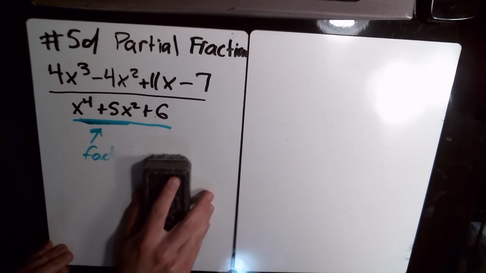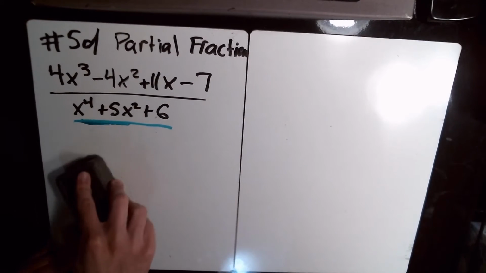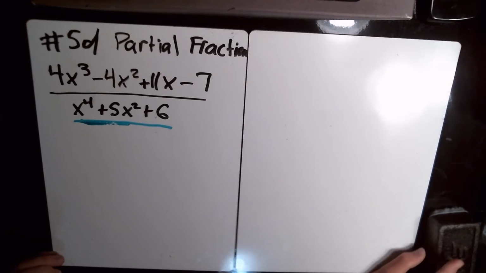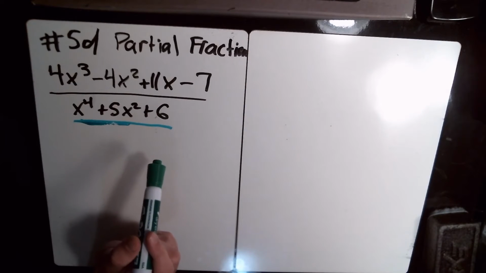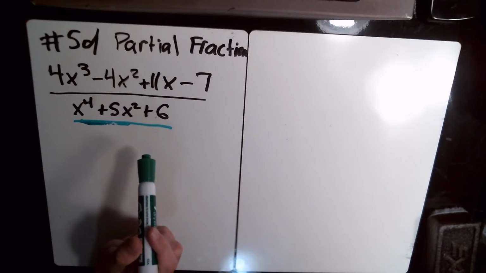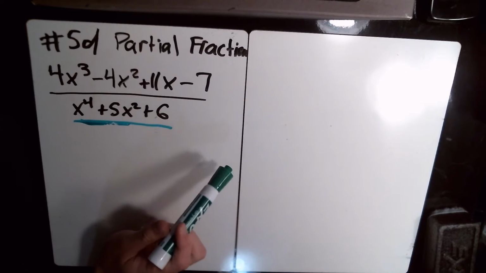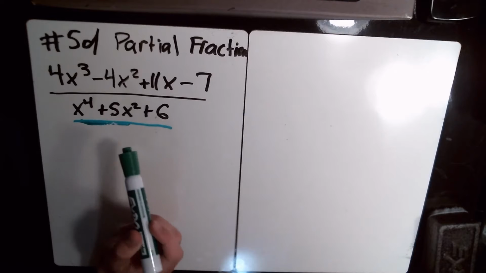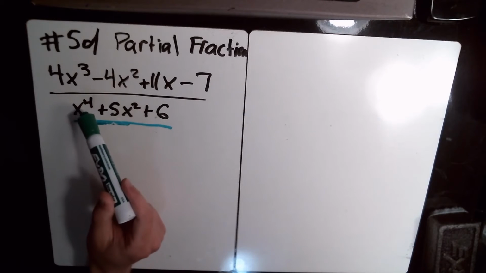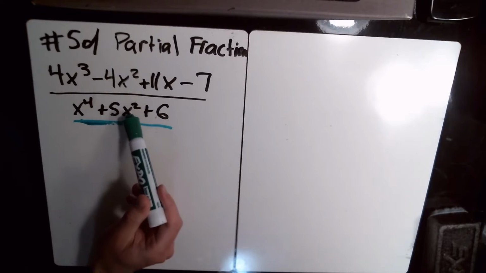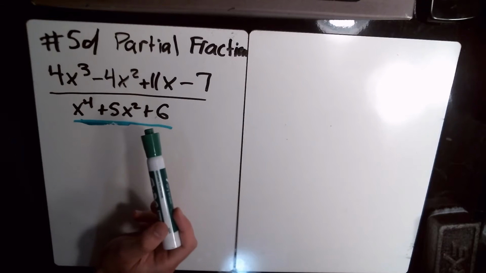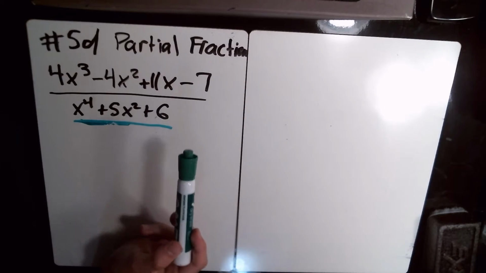And that's kind of the first difficulty with this problem, is how do we factor that polynomial? It's a degree 4 polynomial, so you could try the rational roots theorem, but you'll notice here, this is one where you have an x to the fourth and an x squared, and there's no x cubed or just x's by themselves.